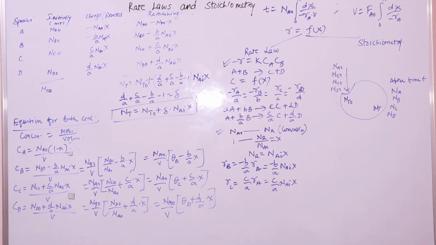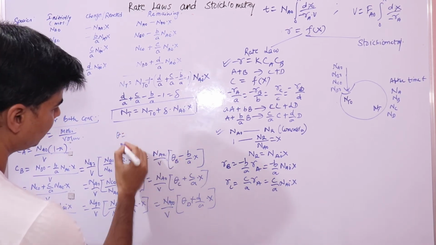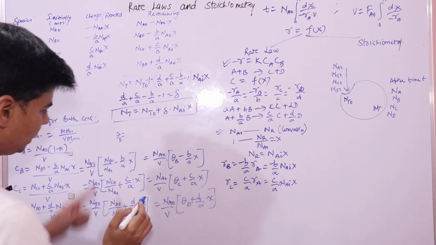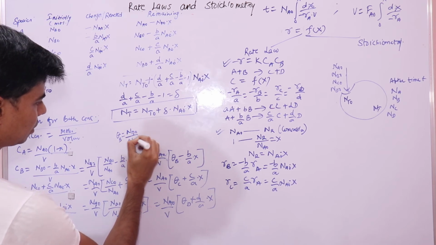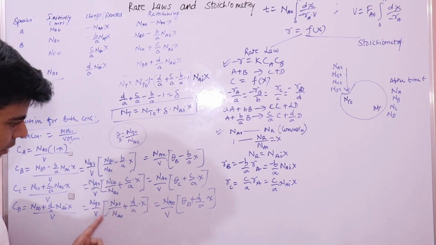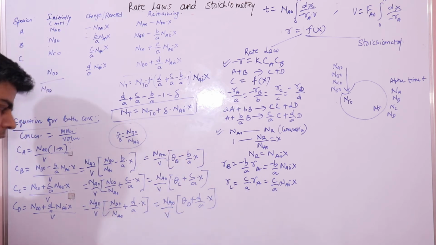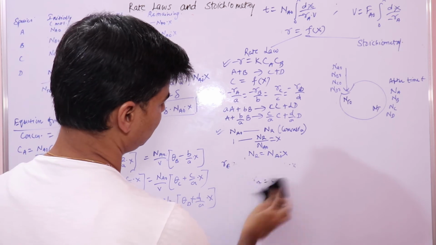Just to remind you, theta B is equal to Nb0 upon Na0. Similarly theta C is equal to Nc0 upon Na0, and theta D is equal to Nd0 upon Na0. Now let's further evaluate this. I hope you have taken down all this.